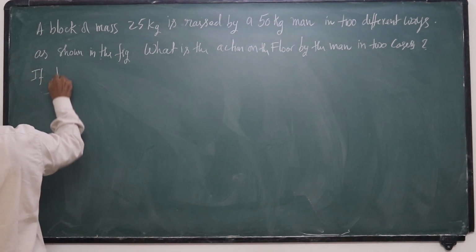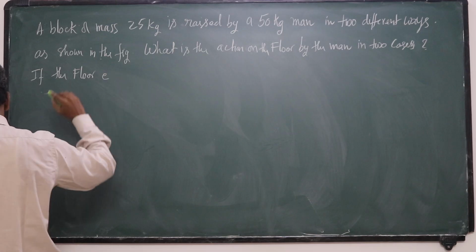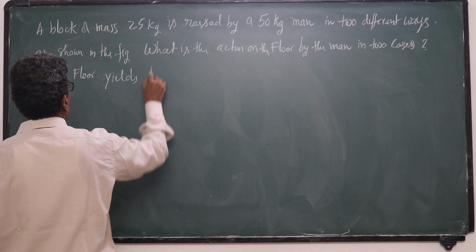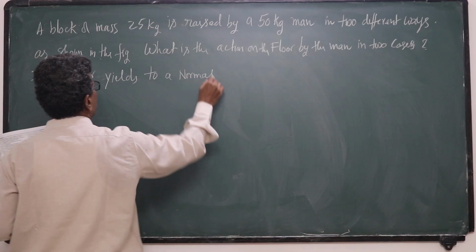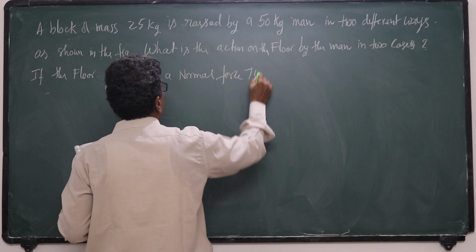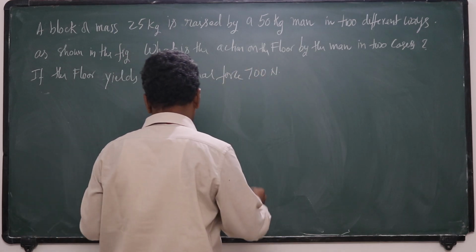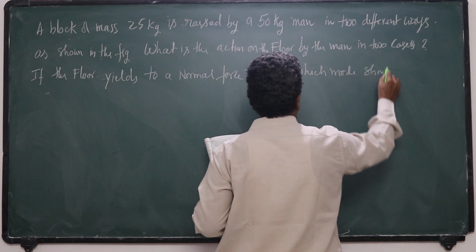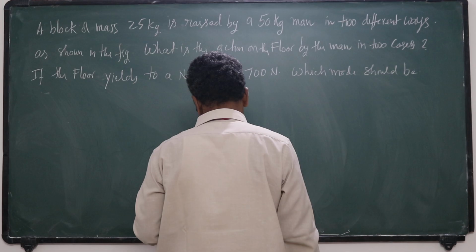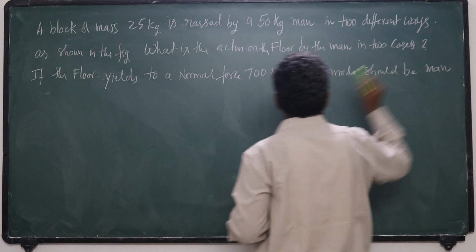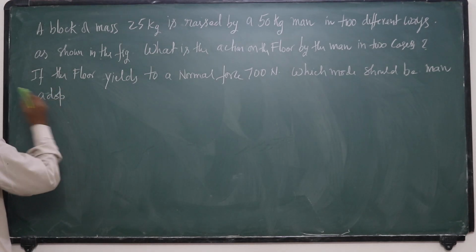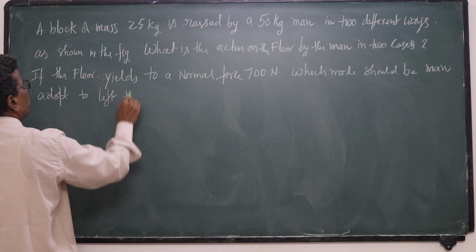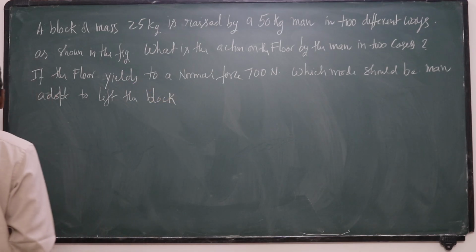If the floor yields to a normal force 700 newtons, which mode should the man adopt to lift the block without further yielding?